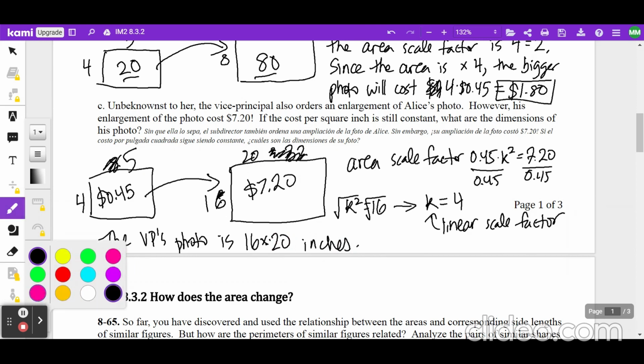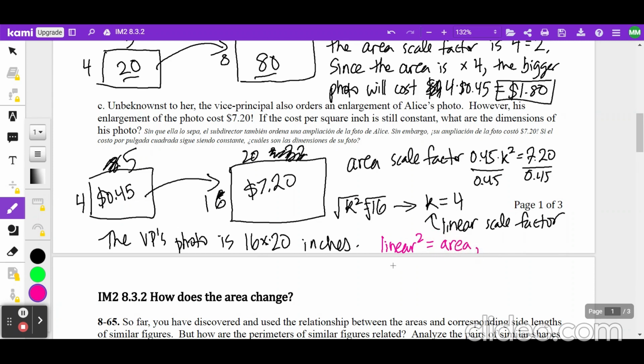And then I want to highlight something, just point out. To go from linear to area, you square the linear. So linear squared gives you area.